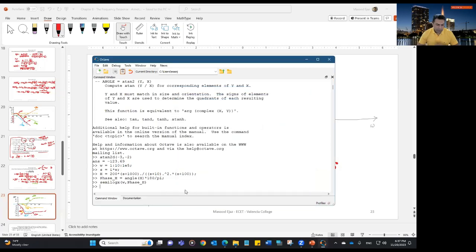Let's use Bode. The function is the same, right? 200 times (S plus 1000) divided by (S plus 10) squared (S plus 100). Okay, all right, let's do this then. Phase of H is equal to, what do we have? Equation.